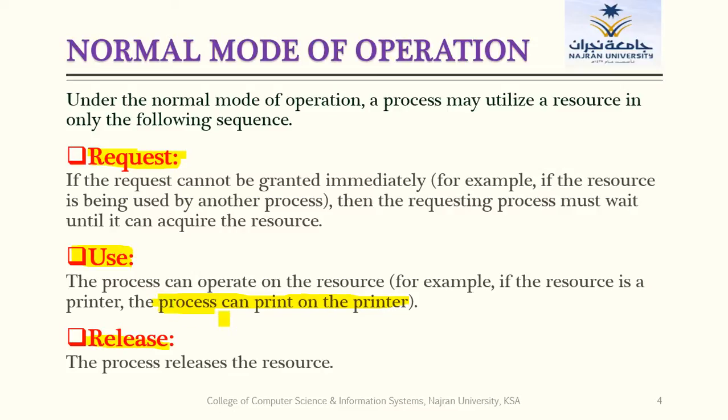But after waiting, when the printer is assigned to him, he will use that printer, and then the third step is that after his work finishes, the process releases the resource. So these are the 3 steps: request, use and release.